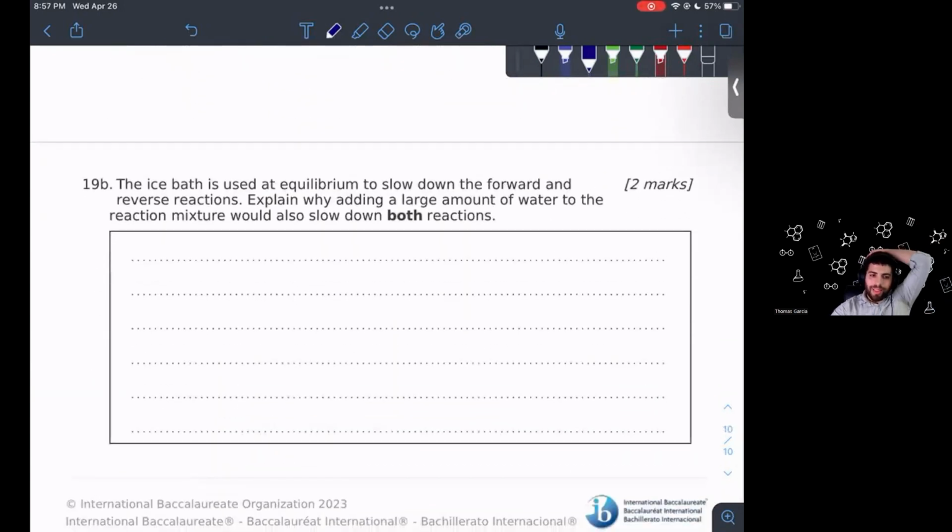All right, so this last problem. Ice bath is used at equilibrium to slow the forward and reverse reactions. Explain why adding large amounts of water to the reaction mixture would also slow down both reactions. All right, so this doesn't actually have anything to do with equilibrium. This has to do with collision theory.